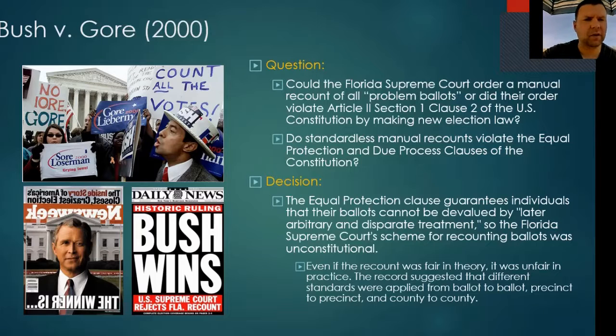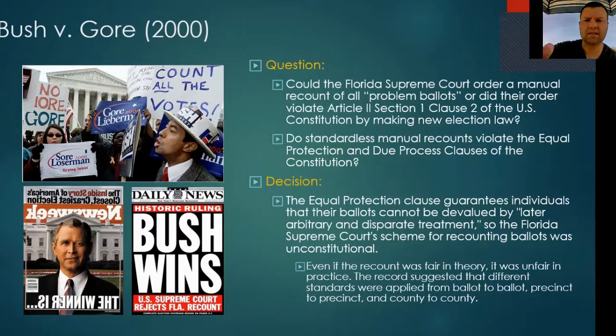They were throwing out votes that they thought were invalid, and eventually Bush challenged this recount, because there was the potential that Bush was going to lose Florida if they kept throwing out enough votes. And if he lost Florida, then Al Gore would have become president. So he challenged this process in court, and he won.